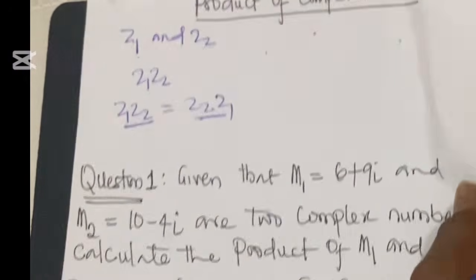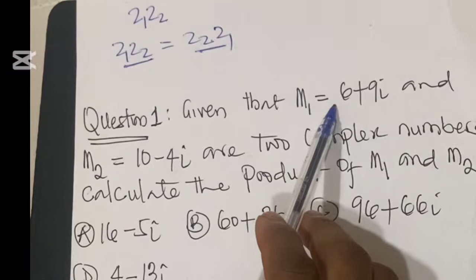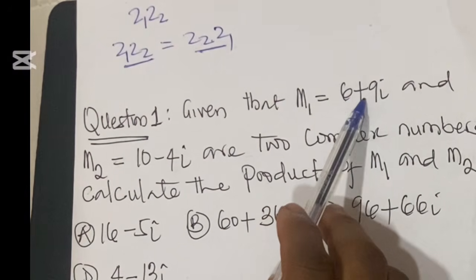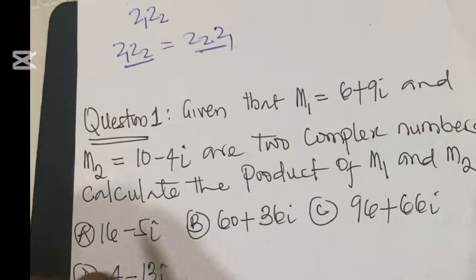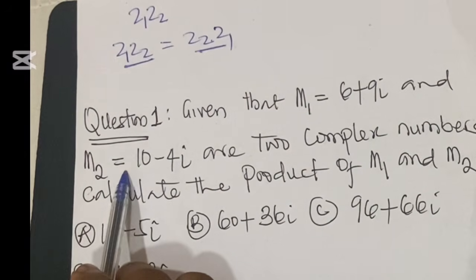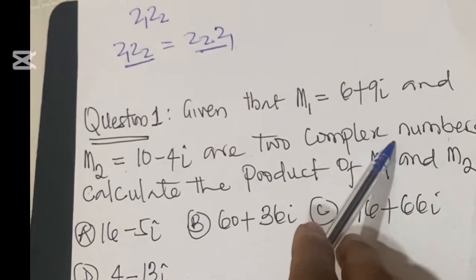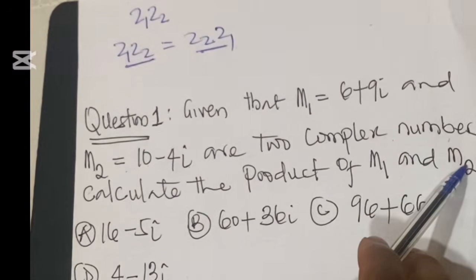Now we are given a question here, class. Given that M1 is equal to 6 plus 9i and M2 is equal to 10 minus 4i are two complex numbers, calculate the product of M1 and M2.